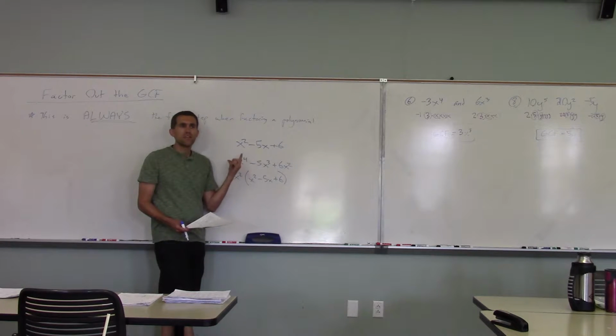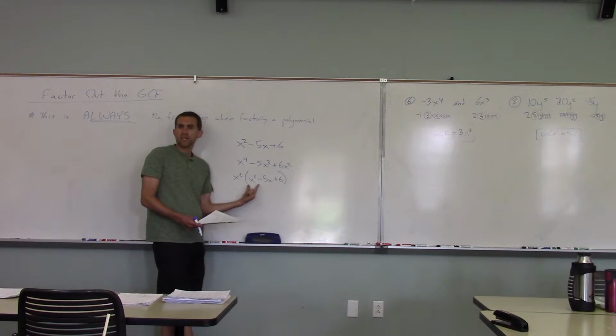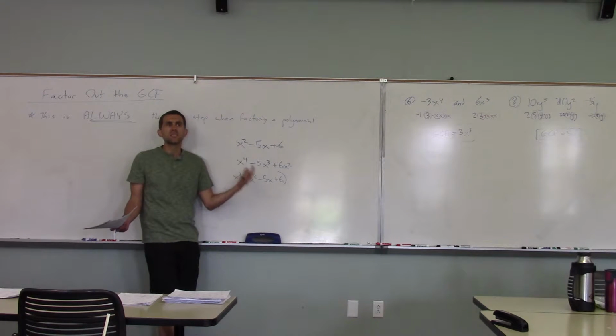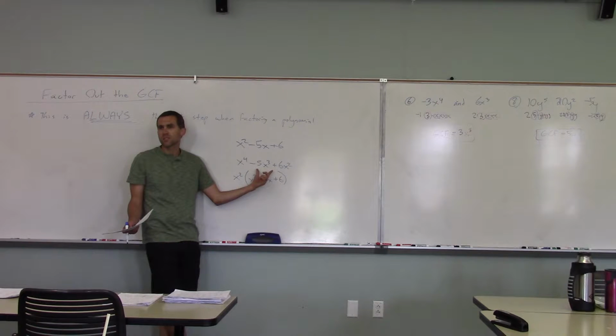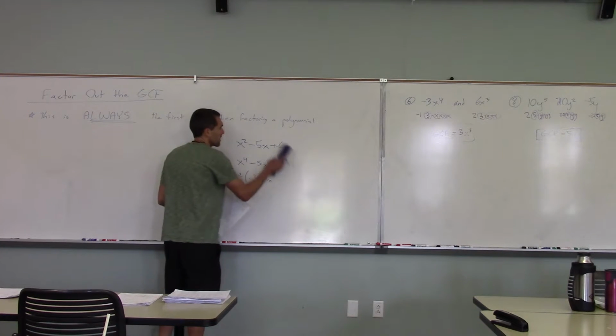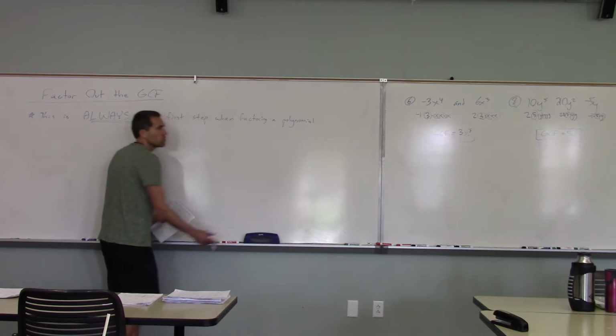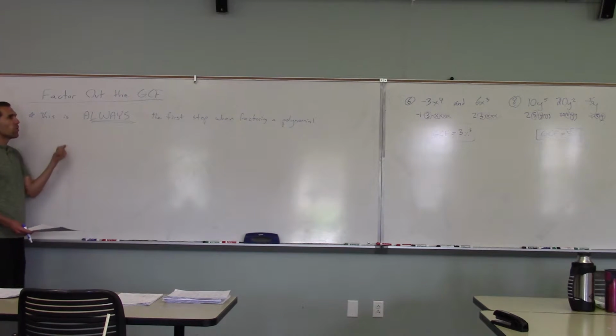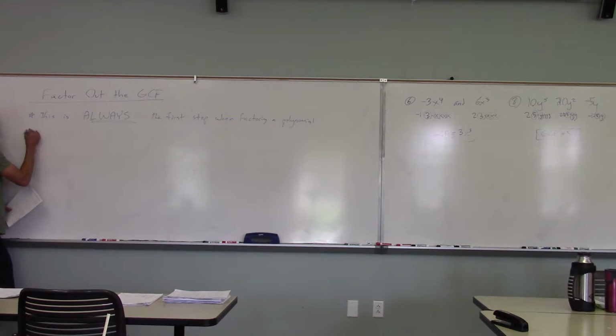If you see that first step on every problem on the entire test, it's in about a week and a half, is I'm going to take out the GCF and then whoa, that looks way easier now. And you can see things that otherwise were hidden behind this curtain before. So every time I say factor, which will be two-thirds of your upcoming test, you always do this first.